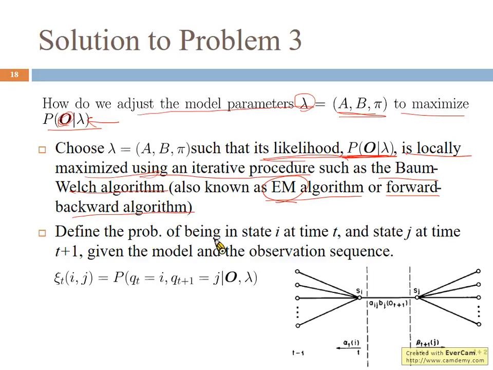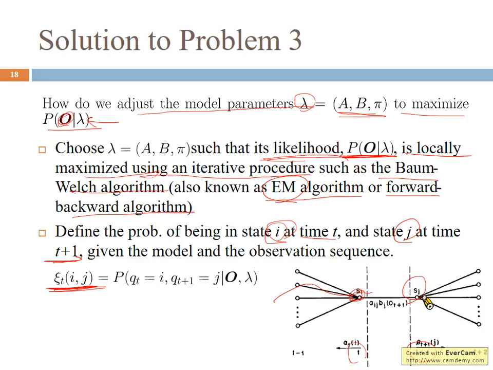We first define the probability of being in state i at time t, and state j at time t plus 1. And this probability is denoted by psi_t(i,j). That means no matter how the states change, it stops at state i at time instance t, and then it jumps to state j at time instance t plus 1.